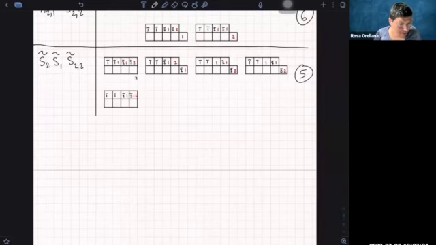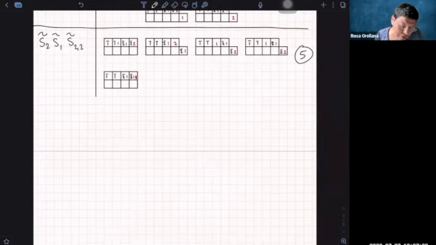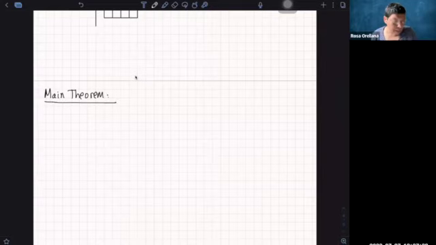So now I want to go back, and I thought that I would state our main theorem in the paper, because I'm trying to summarize and tie everything back together.